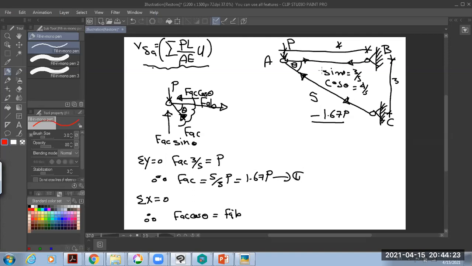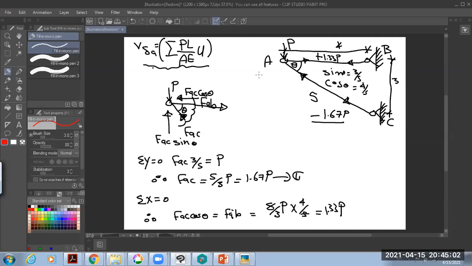What is the value of this force? F_AB equals 5 over 3 B multiplied by 4 over 5, the 5 goes with the 5, that means equal 1.33 B. Now the internal force for member AB equals plus 1.33 B.